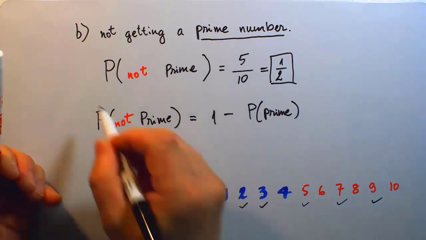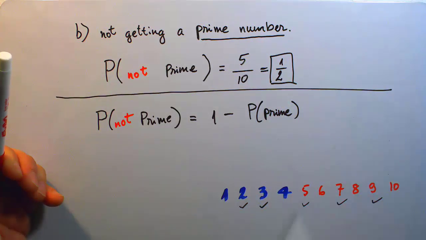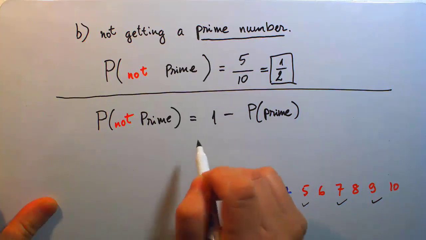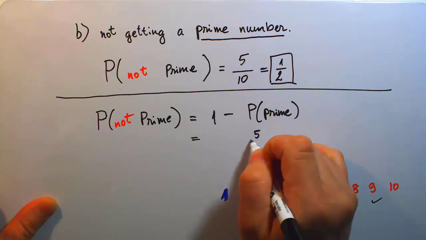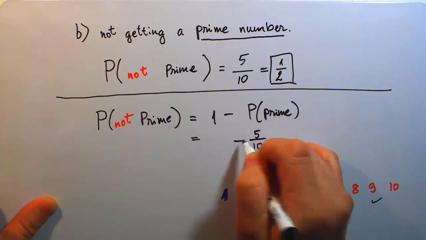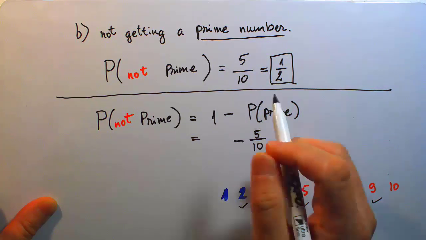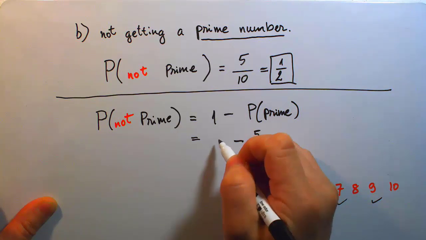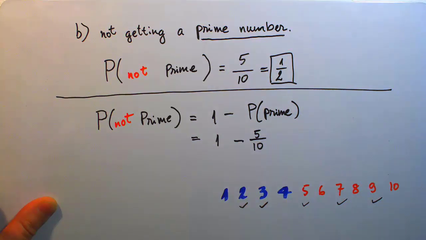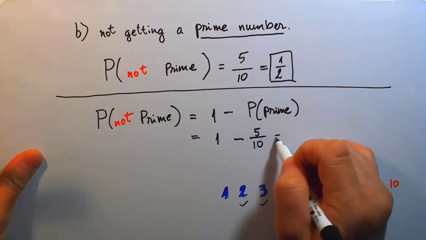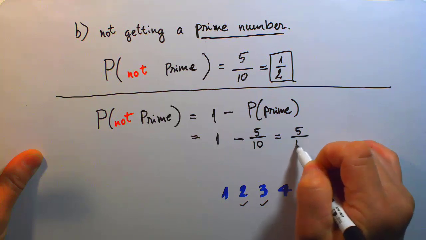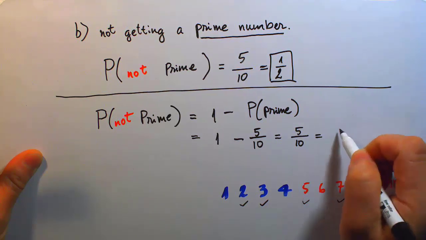And so once again, I purposely do 2 different approaches here so everybody can be comfortable with 2 different styles. But probability of prime here, in my count, there are 5 primes out of 10. And we're excluding these 5 primes out of the whole sample space. And so that's 1 minus 5 out of 10. And doing the math, we're looking at another 5 out of 10, which reduces down to 1/2.